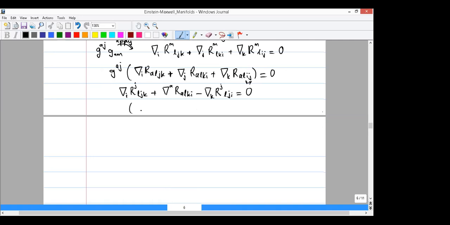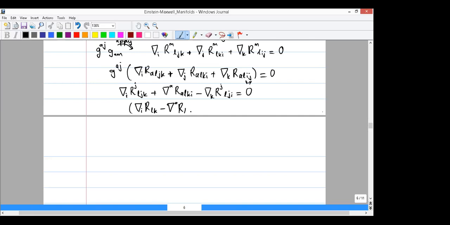Let's also apply another inverse metric. Here j and j, so we have R, l, k. This is the Ricci tensor. Here, let's also use the property of the first two indices, not the last two.